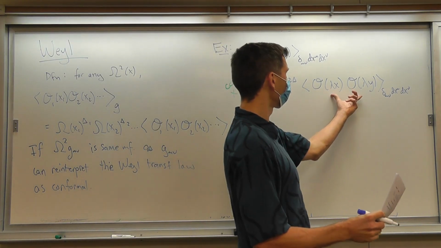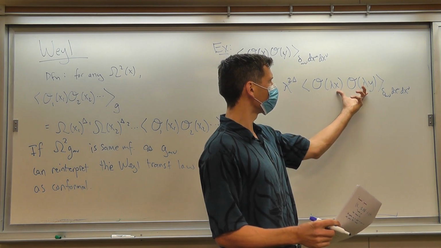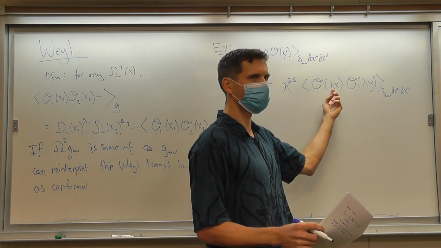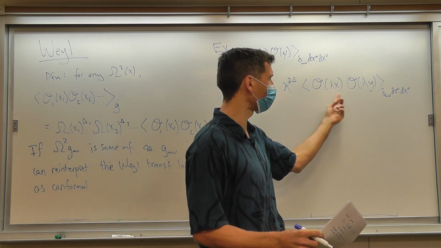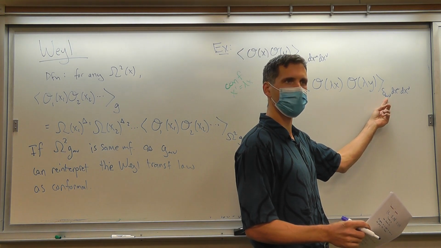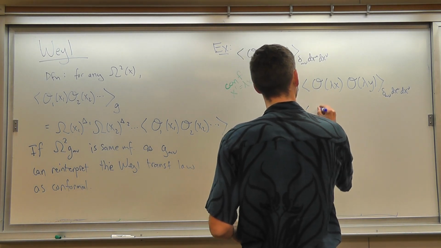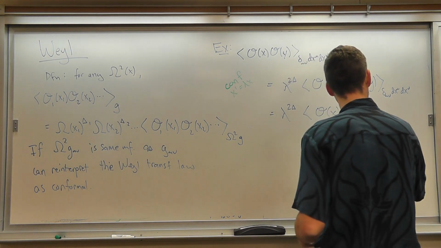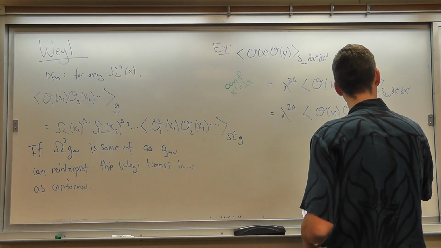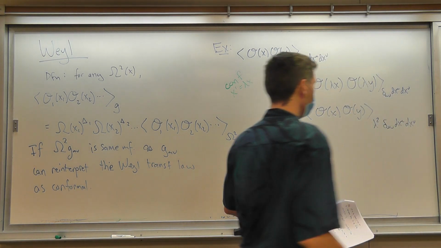But this is 2 points in the flat metric that have been rescaled by lambda, but we can just move this rescaling by lambda down into the metric. So this is lambda to the 2 delta O of x, O of y, in the metric lambda squared delta mu nu, dx mu, dx nu.